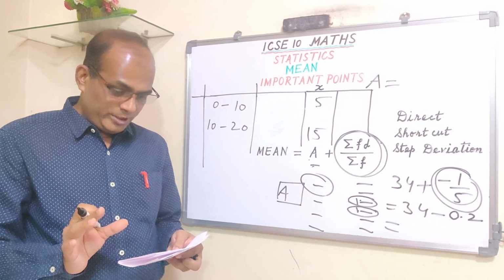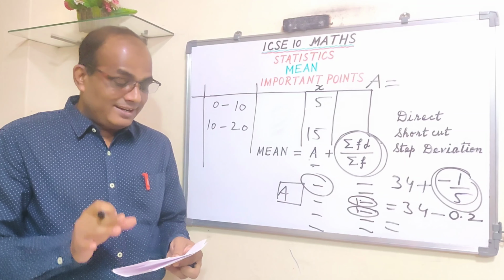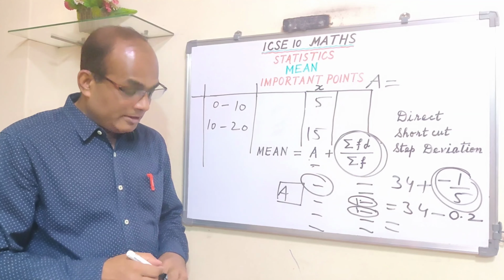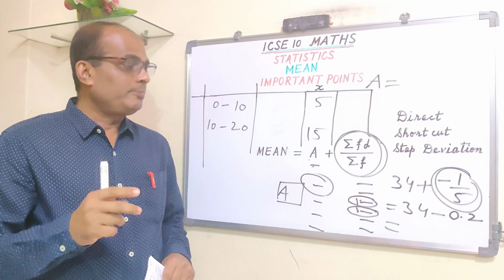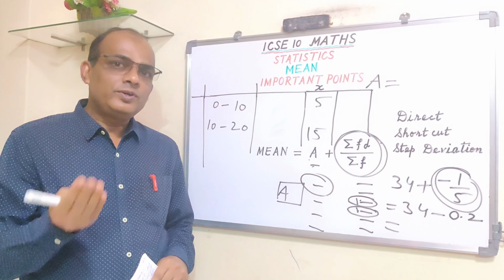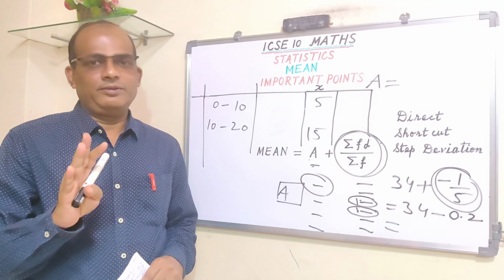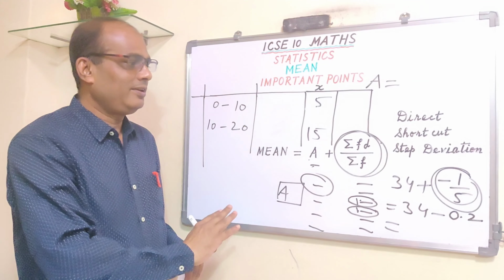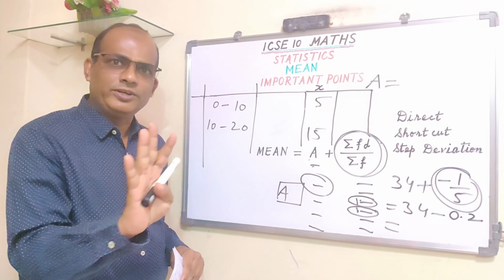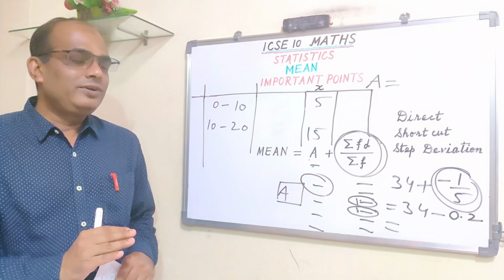The last point, which is very, very important, is read the question carefully, because sometimes they say up to 1 decimal place, up to 2 decimal places, up to 1 significant figure. So that is very, very important. Sometimes you know the answer, you know the method, you are very good in mathematics, and you take things for granted.